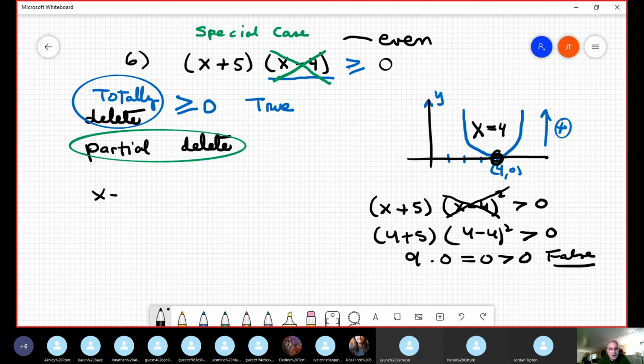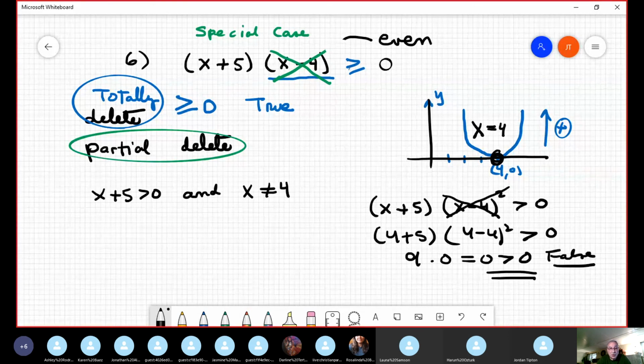You copy x plus 5 greater than 0, and you write a compound inequality with x not equal to 4, because at 4 we have some problem. Now I solve this compound inequality separately: x is greater than -5 and not 4.